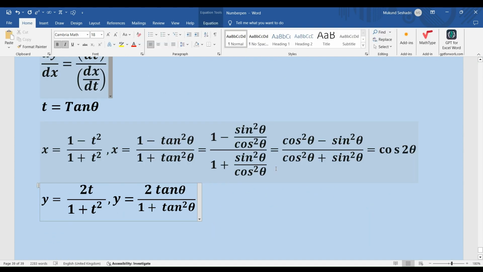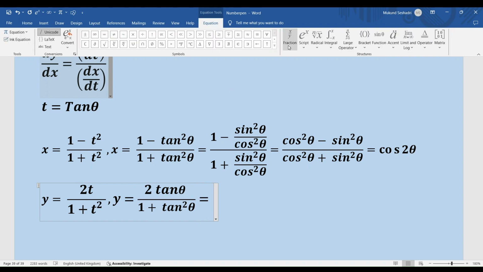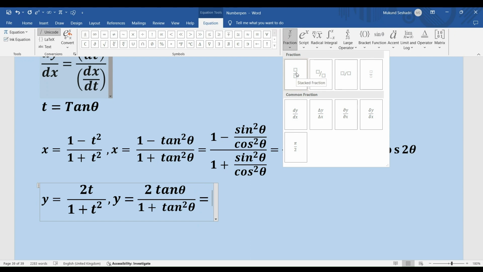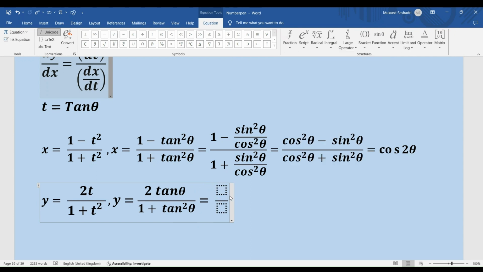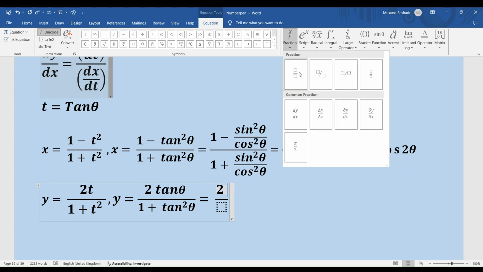So there I have y equals 2 tan theta divided by 1 plus tan square theta. So let's do a further simplification of this. My tan theta is nothing but sine theta by cos theta. So I have 2 times sine theta by cos theta.